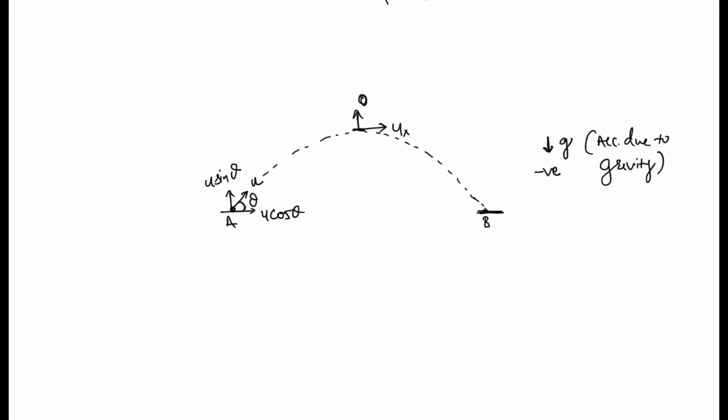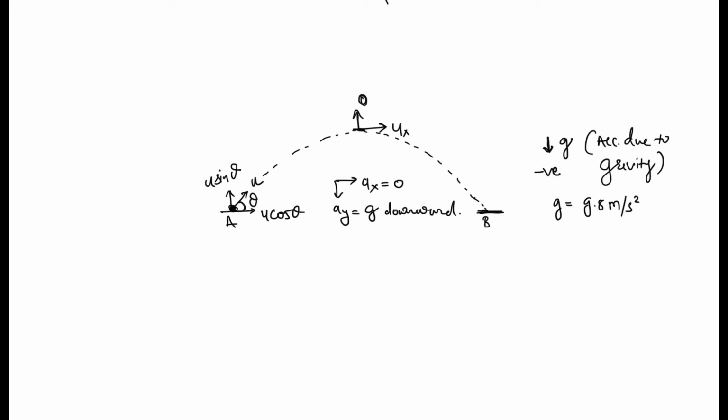The magnitude is constant, g is equal to 9.8 meter per second square. If we want to analyze the acceleration in horizontal direction, there is no contact force, so no force is applied on the ball in horizontal direction, so there will be no acceleration in horizontal direction. So we can say that ax is equal to 0 and ay is equal to g downward.